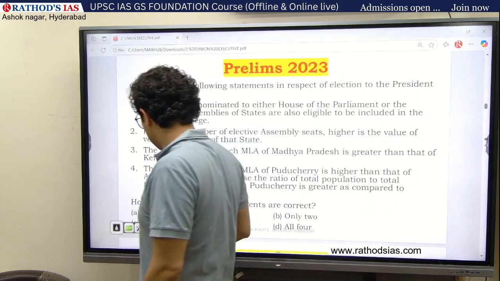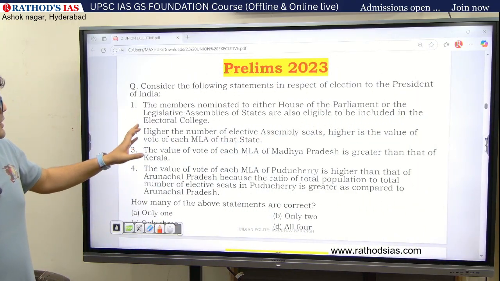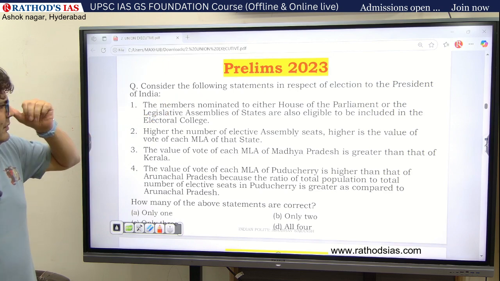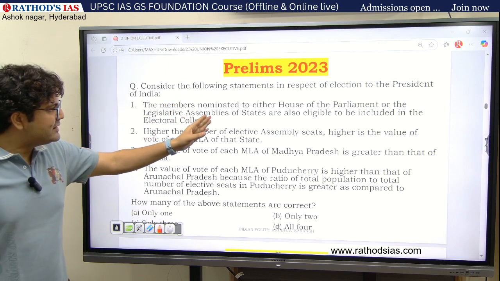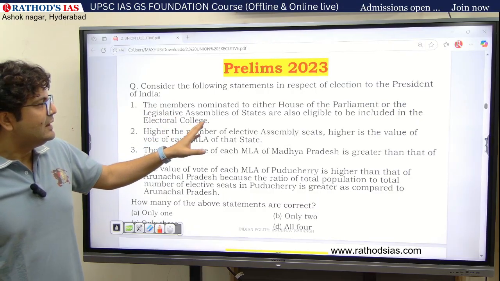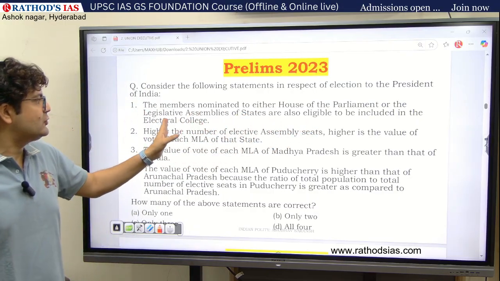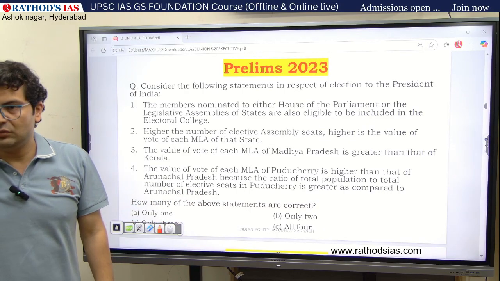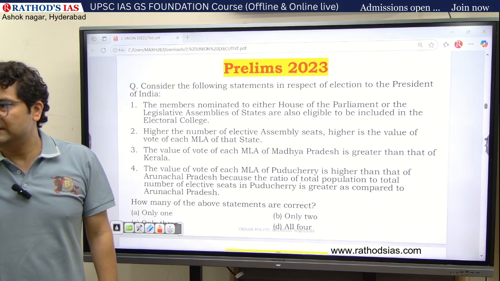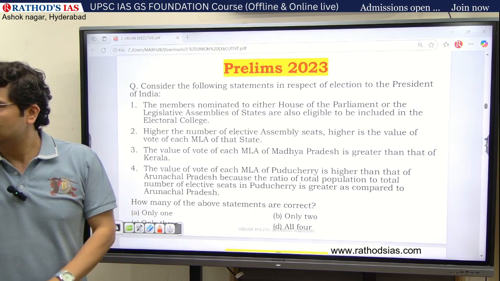And as some of you are saying about first, second, right, wrong, okay. Consider the following statements. The members nominated to either house of the parliament or the legislative assemblies are also eligible to be included in the electoral college, yes or no? No. Only elected MPs can vote, only elected MLAs can vote. Nominated members cannot vote.